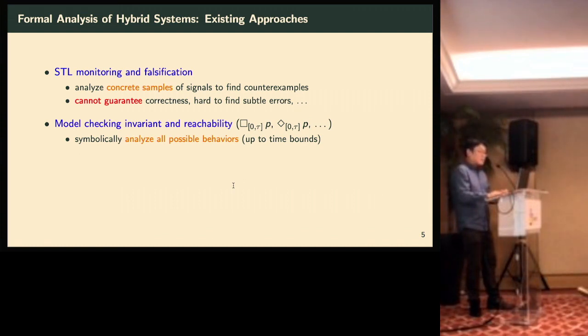By slightly modifying or generalizing that, it's also possible to check a very specific, simple form of STL property, like, given an initial condition, whether some invariant holds.